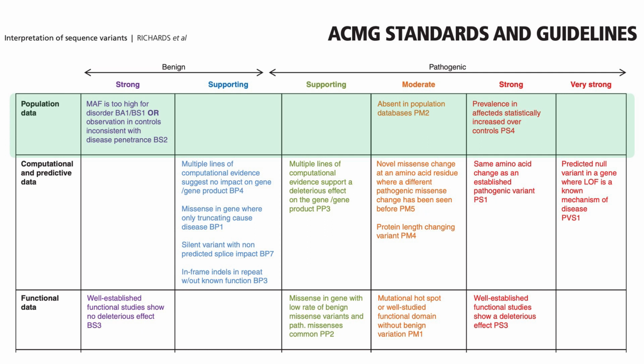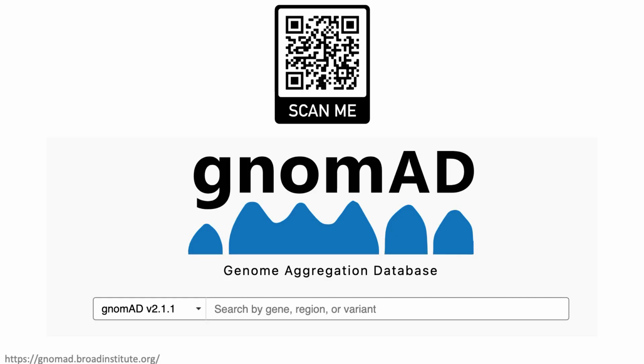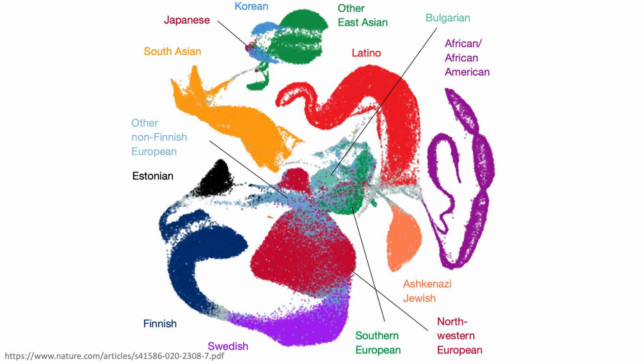Many of them, but I will just mention one of them called gnomAD. This is an amazing database with almost 100,000 plus whole genomes and whole exomes. It's freely available. You can search for any gene, any mutation, any location. And it contains so many different populations around the world.